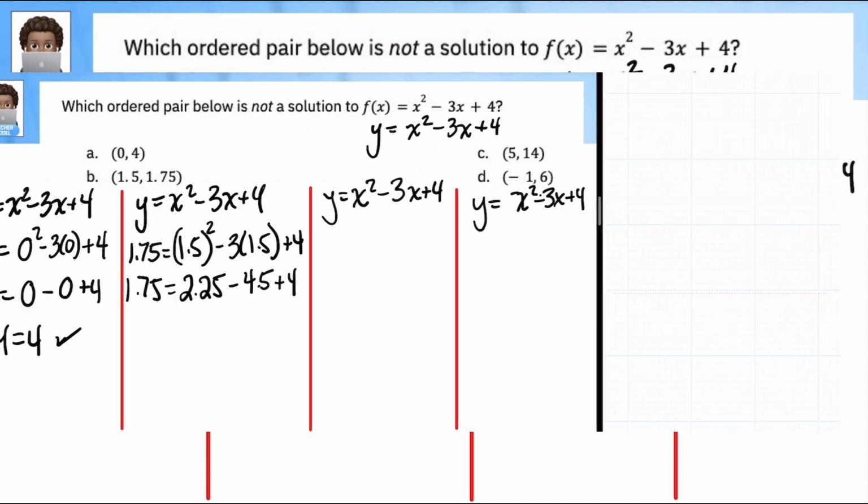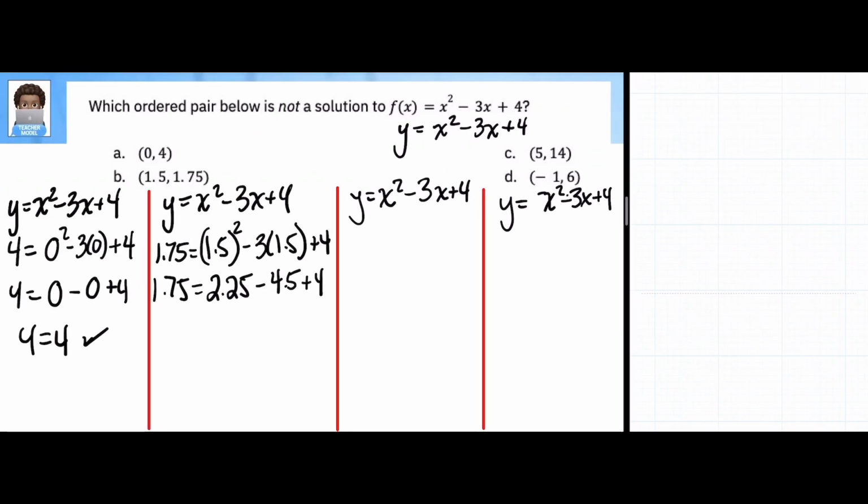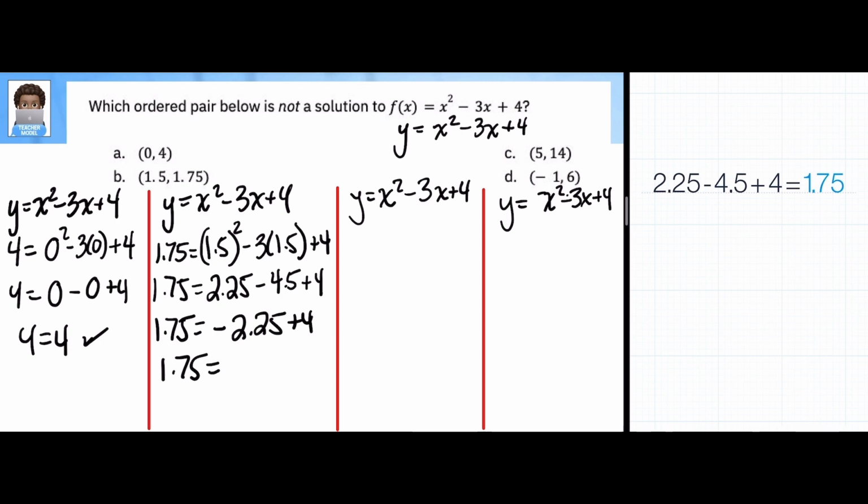I'm going to open up my calculator here on the side because I don't want to make calculation errors where I don't need to. So 2.25 minus 4.5 is equal to negative 2.25 plus 4. And I'm just going to add that in, and I get 1.75. So this is correct. 1.75 is equal to 1.75. I move on to the next one.